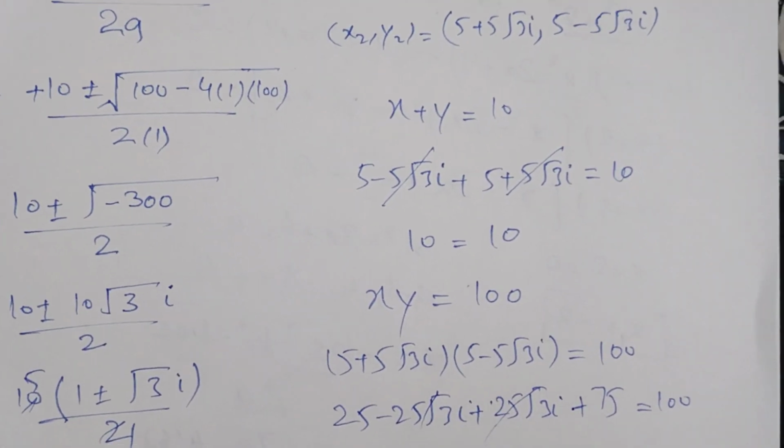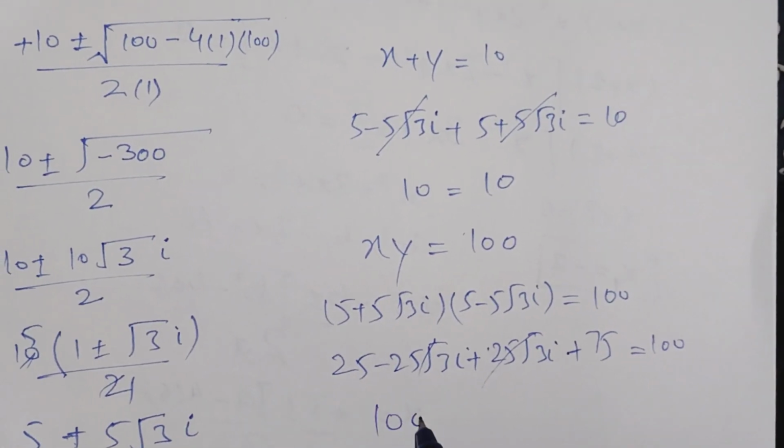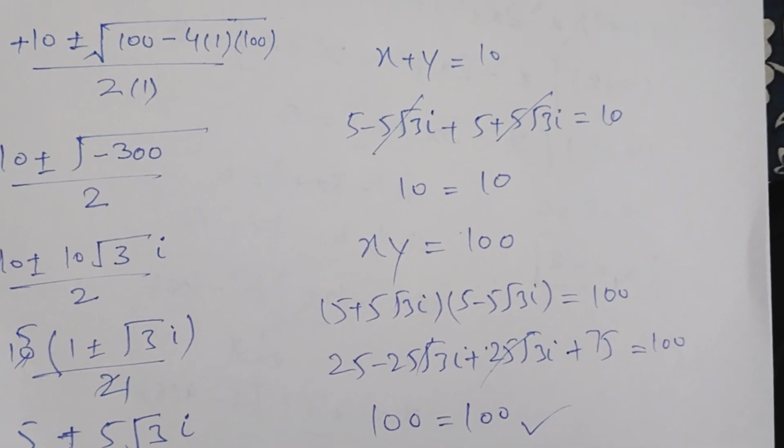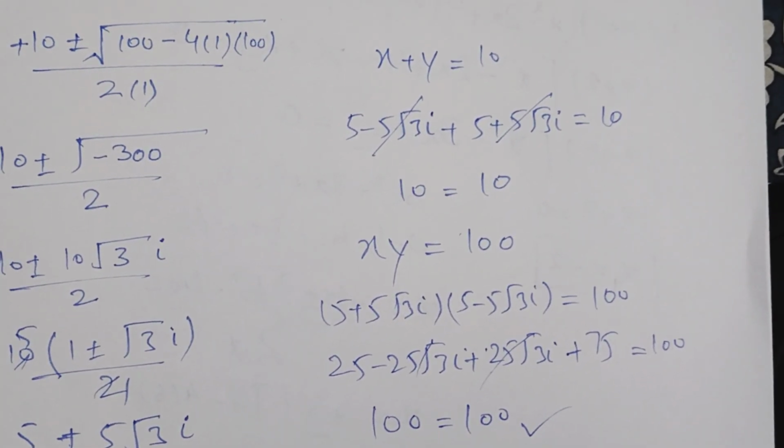This cancels with this. 100 equals 100. It means both the values x1, y1, x2, y2 are truly correct.